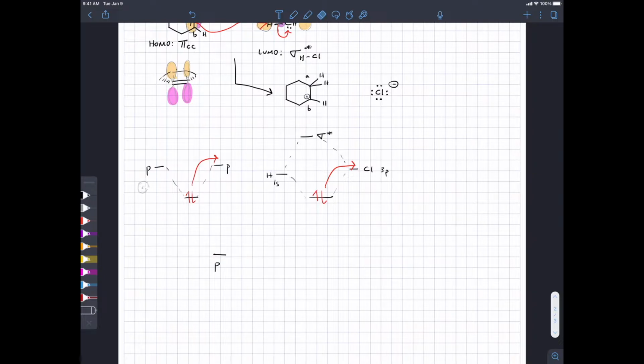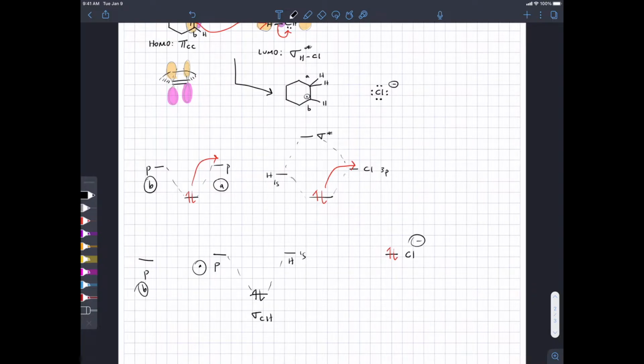I got mixed up, right? Because we said it's with A, so whatever. We make a new bond with the p orbital from A and the 1s orbital from hydrogen. And here is our new carbon-hydrogen sigma bond. And then chlorine leaves with its electrons. It's got a negative charge. And then over here we have just the empty p orbital from carbon B.